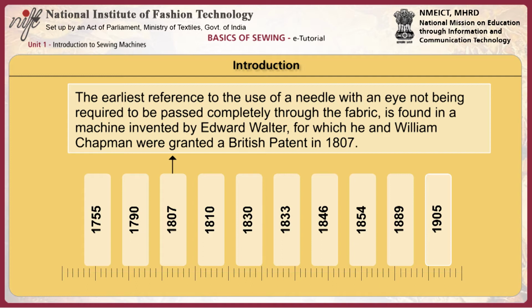The machine was designed to construct belting for flat bending by stitching together several strands of rope that had been laid side by side. Two needles were required and used alternately.